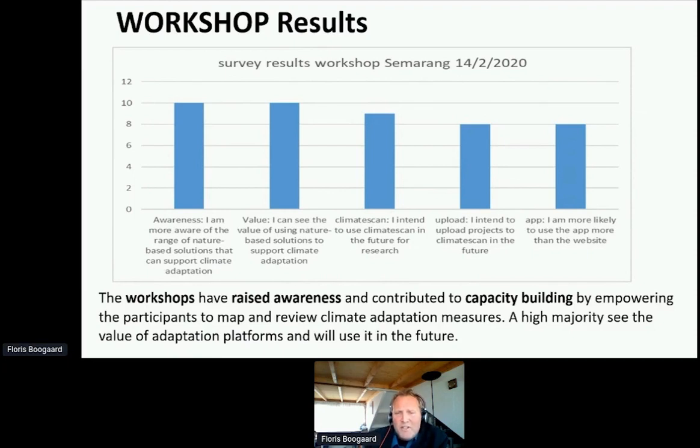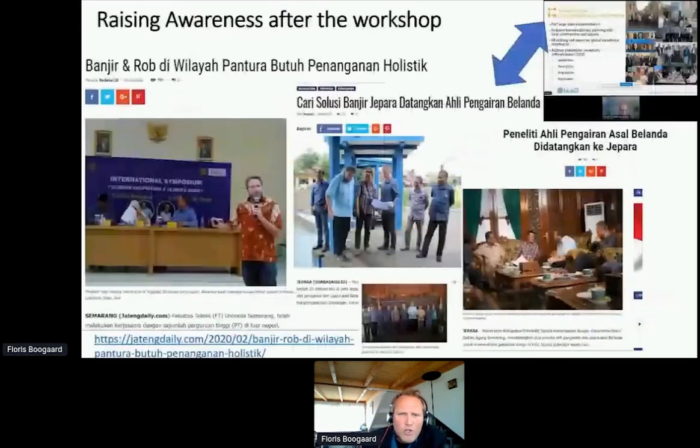And you can see that especially these climate platforms could be used, because they're easy to use, open source, citizen science, and people are using them and uploading a lot of projects. And that's only the impact that you have with the workshops. But also after the workshop, we had quite some impact in local newspapers, speaking the local language. So we addressed the issues on floating urbanization, and also nature-based solutions.